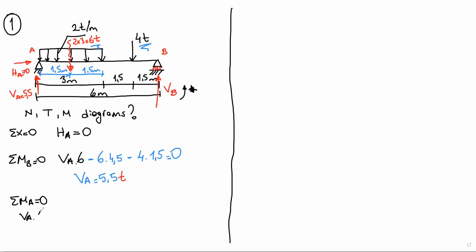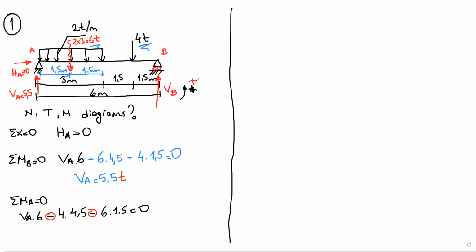VB times 6 minus 4 times 4.5. And here we have 6 times 1.5 equals 0. Here, as you can see, I put minus and minus here. Why?